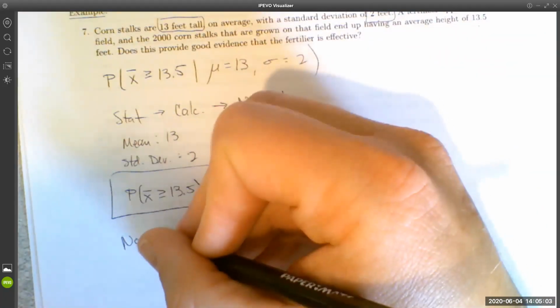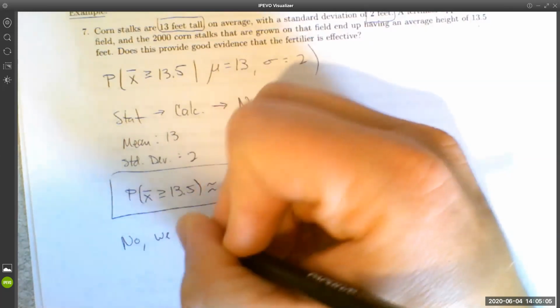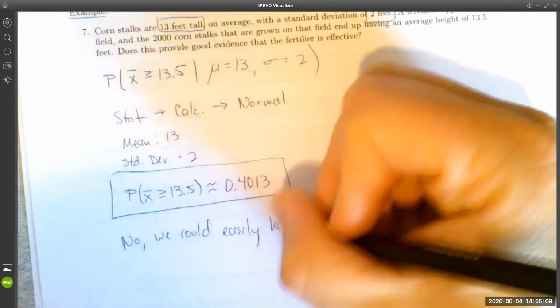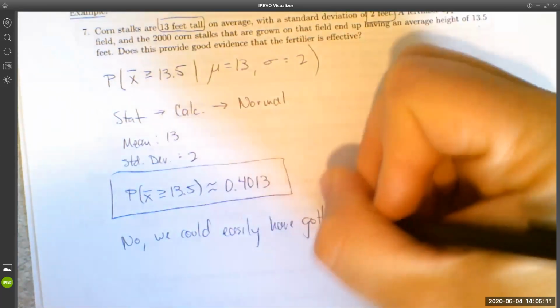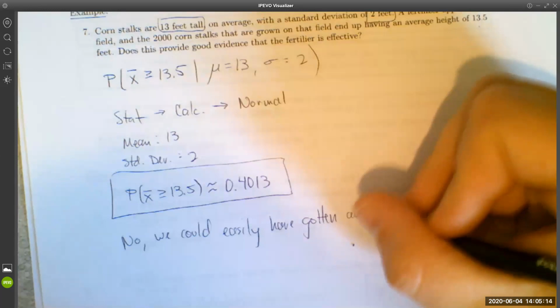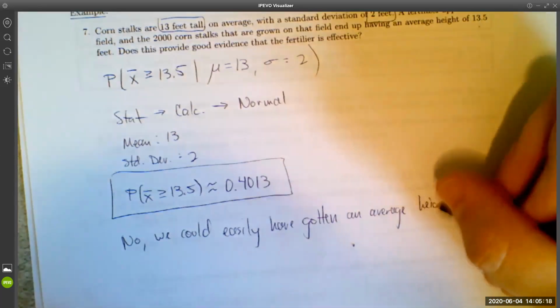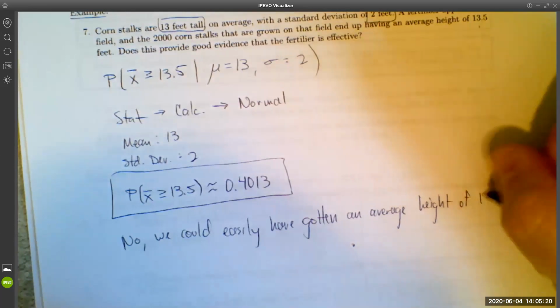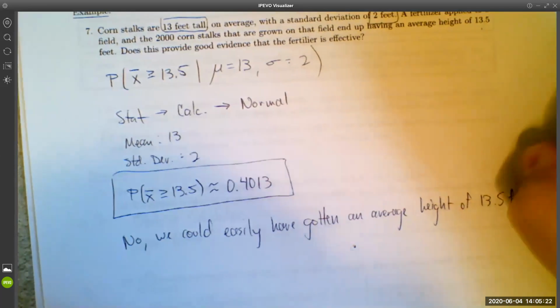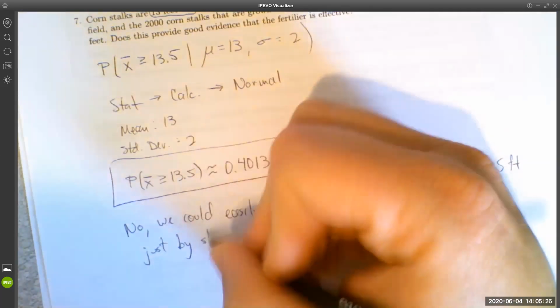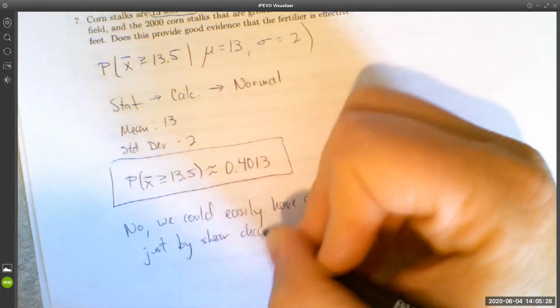No, we could easily have gotten an average corn height of 13.5 feet just by sheer chance, right?